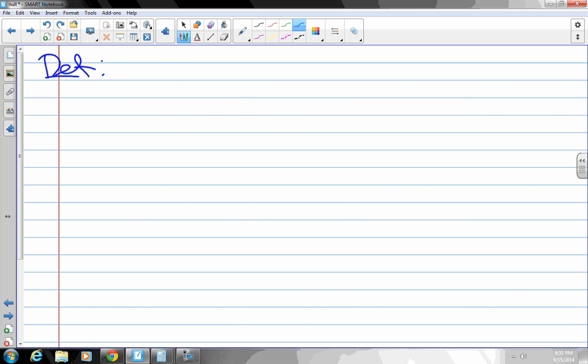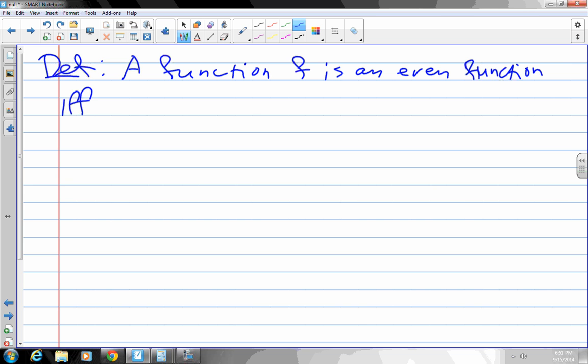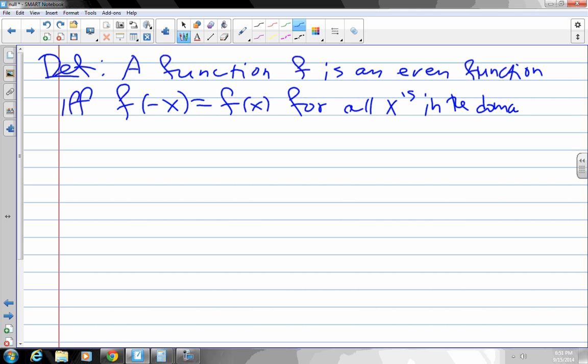So the definition of an even function: a function f is an even function if and only if, and you remember how to shorten if and only if, f of negative x equals f of x for all x's in the domain of f.